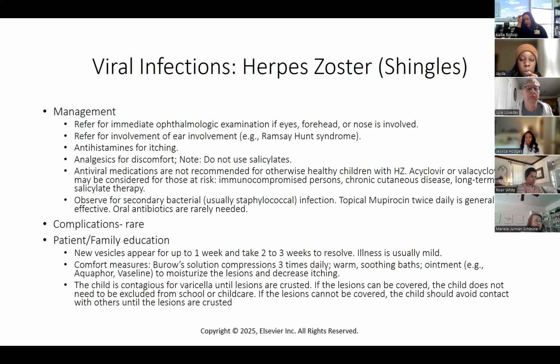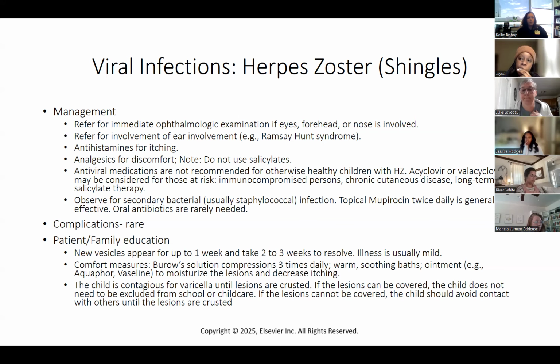New vesicles will appear for up to 1 week, but they'll take 2 to 3 weeks to resolve. So they shouldn't be getting new lesions after about 1 week, but the ones that they do have are going to take a couple weeks to go away completely. They can do Burow's solution compresses, soothing baths, and non-medicated ointments like Aquaphor or Vaseline to moisturize.